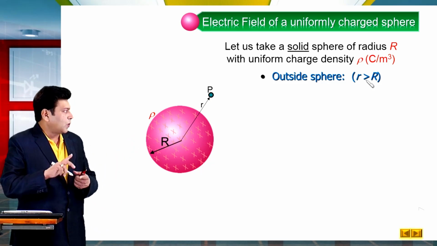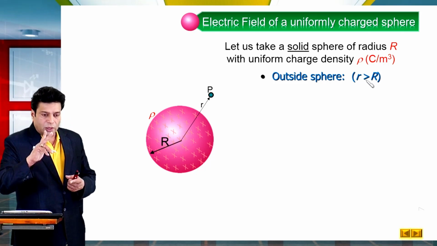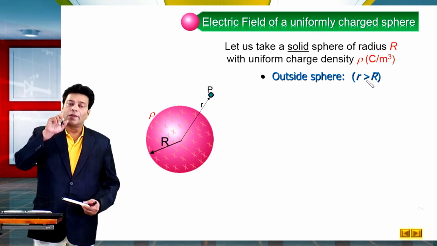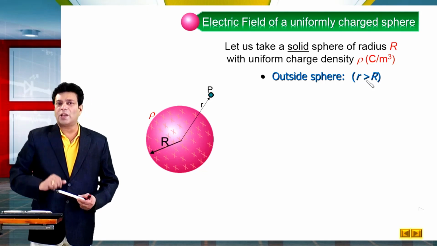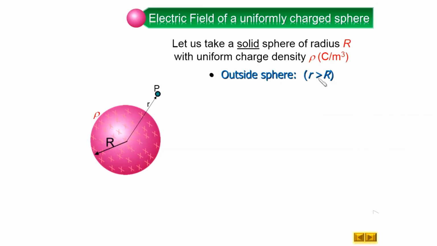Why? Because if you observe the two guidelines, first, the electric field should be the same at each and every point on the Gaussian surface. So if we select a hollow sphere passing through point P, we can say the electric field should be constant over the surface. Second, the electric field should be parallel or perpendicular to the Gaussian surface.